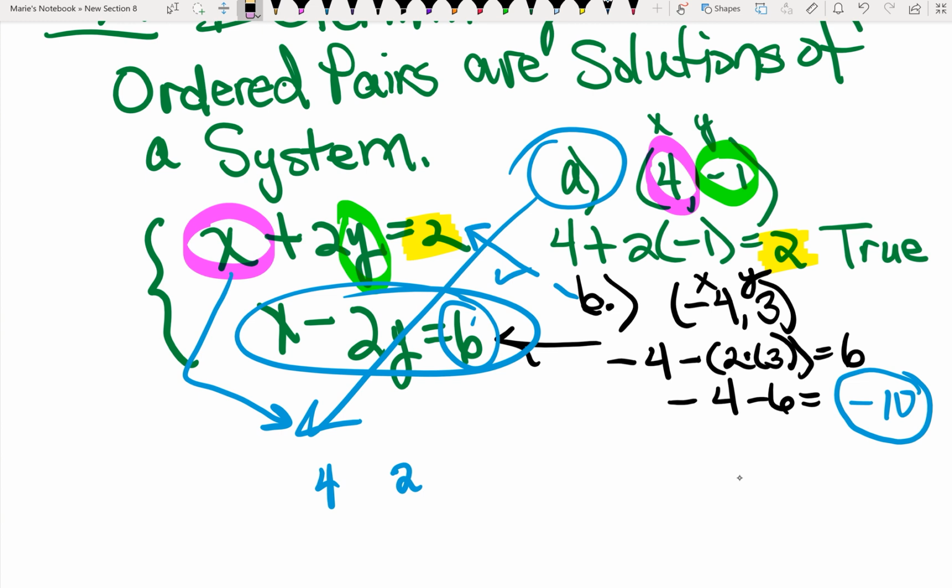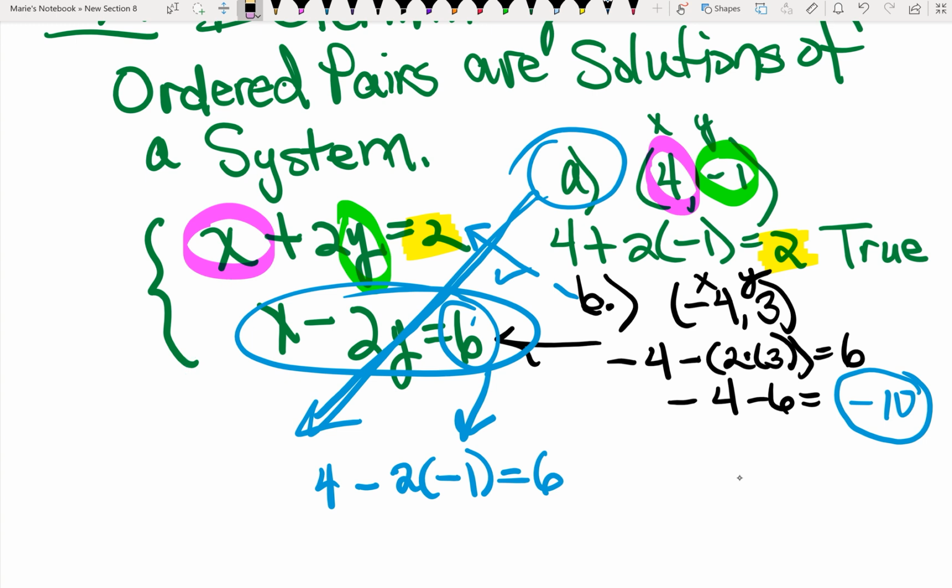So 4 minus 2 times y, which happens to be in this case negative 1 if I substitute it in. And notice that I end up with 6. So we're good. This is using this equation for the first one. All right, so I'm using the first equation, not the second equation.